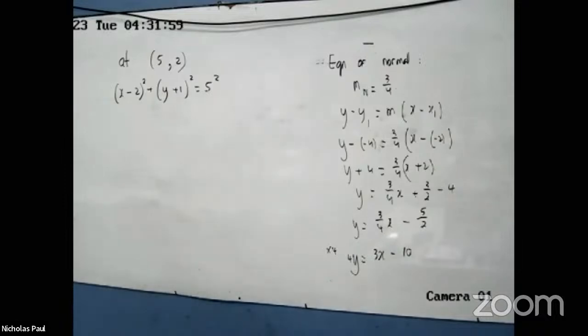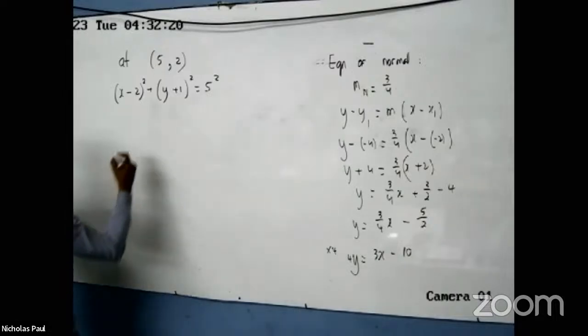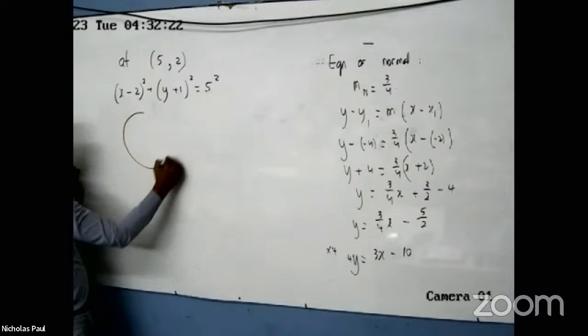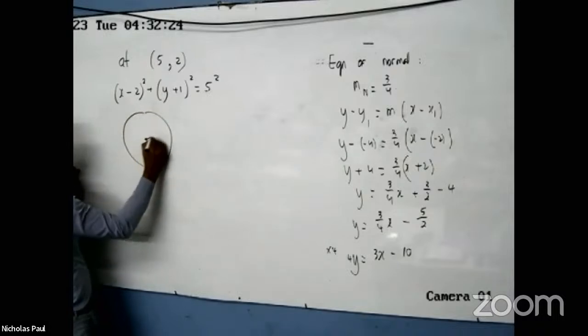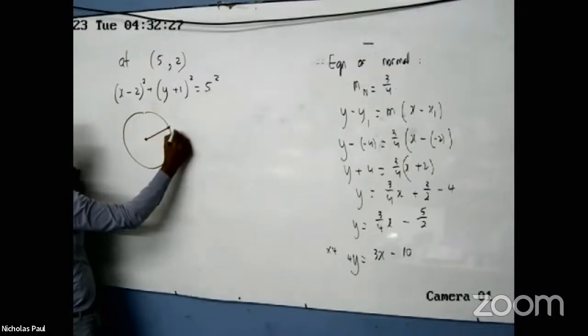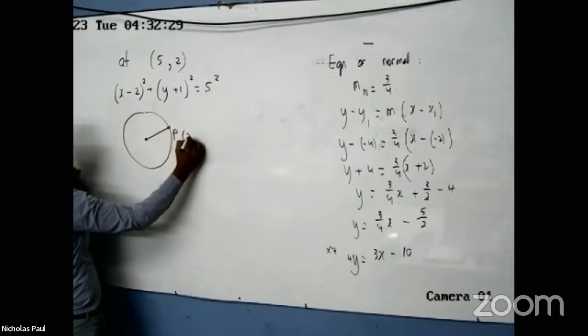So find the equation of the tangent at (5, 2), given the equation of the circle (x - 2)² + (y + 1)² = 5. Before we do it, I need some help. What is the center? You know there's (5, 2).